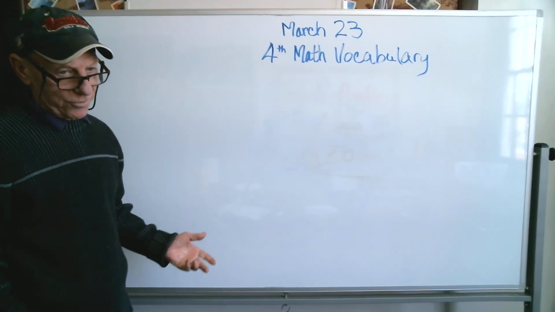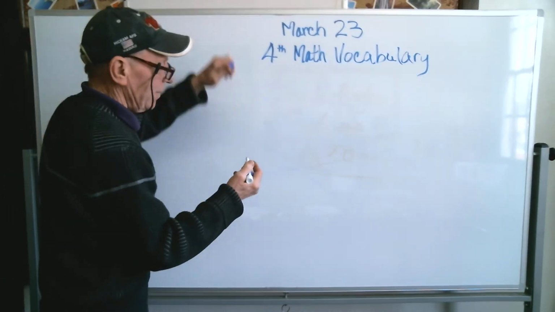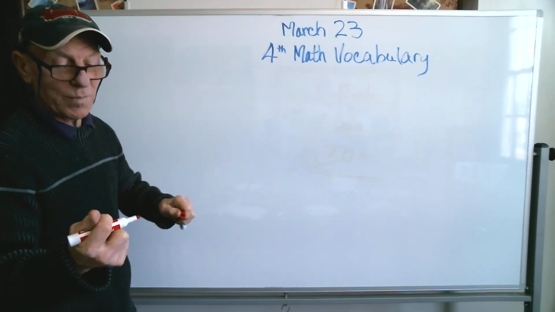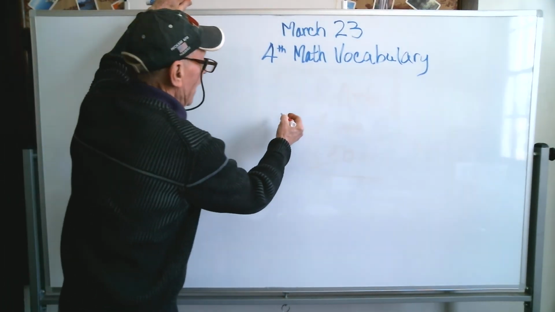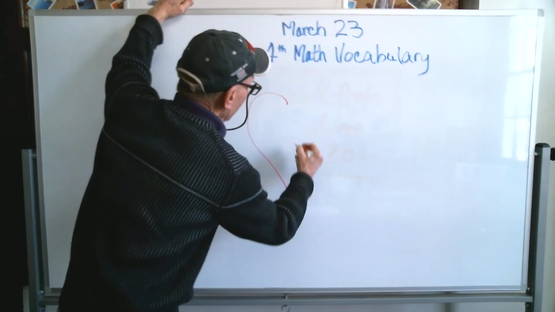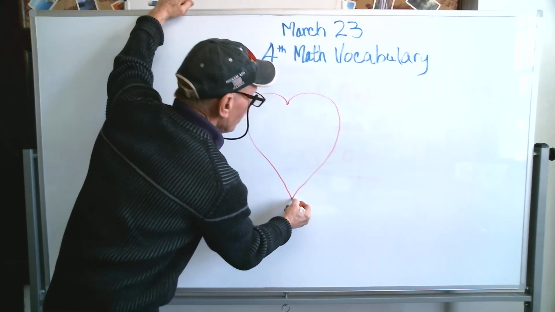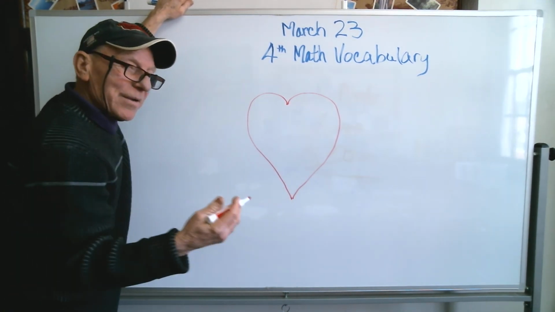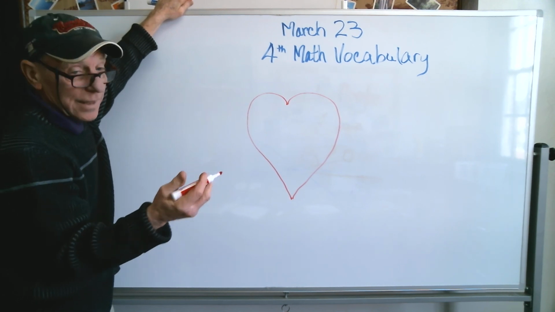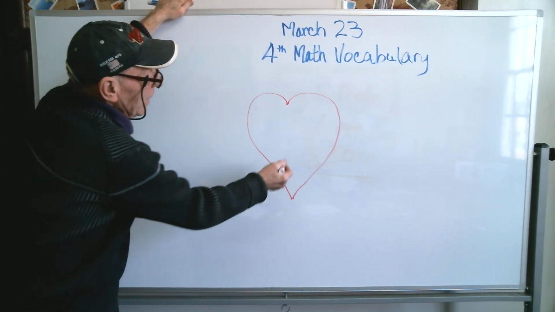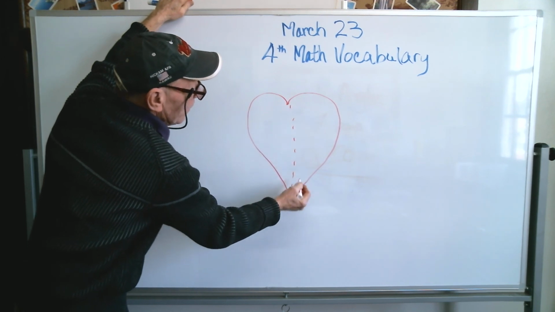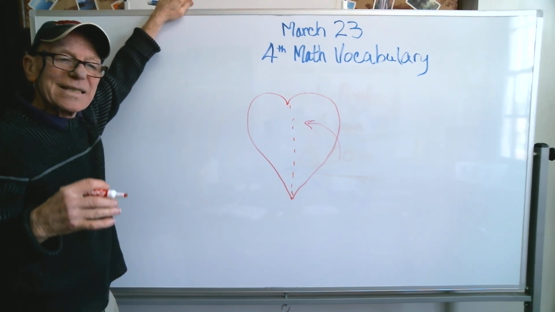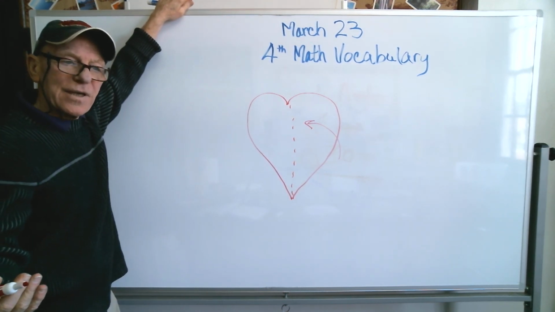Line of symmetry. Let me use the red marker on this one, since I'm going to do my best to draw a heart for you. A line of symmetry. Any shape that can be folded in any direction, I might add, where when you fold it, it's the exact image of itself.